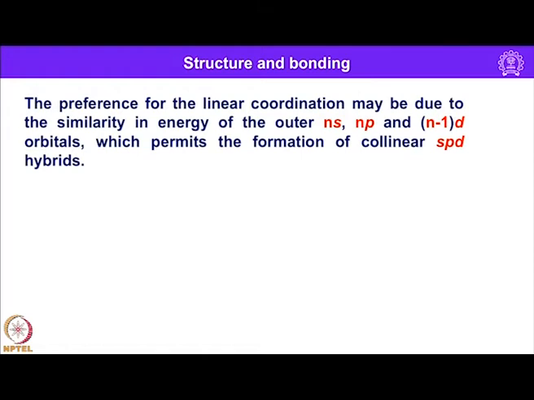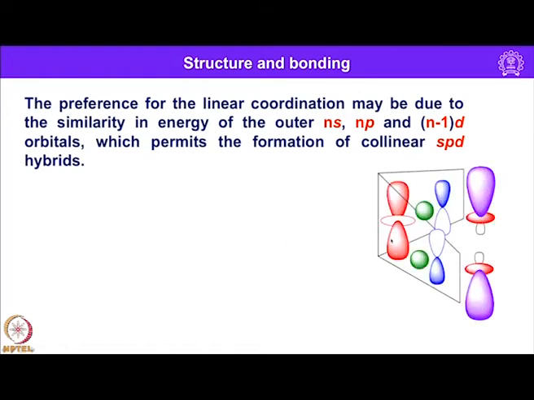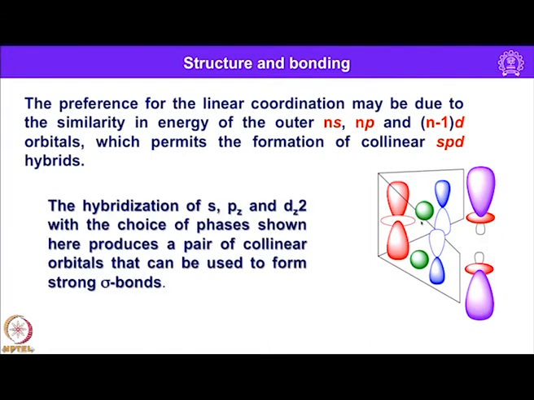I am going to show you how this spd hybrid orbitals look like. So, this is how it looks like here. This is dz square and this is s and this is pz orbital. Okay. So, they combine together to form two spd hybrid orbitals. Okay.